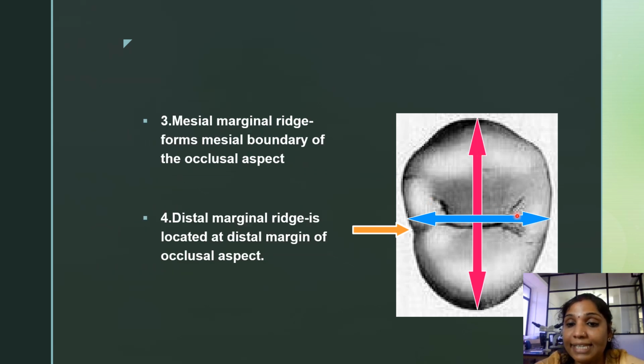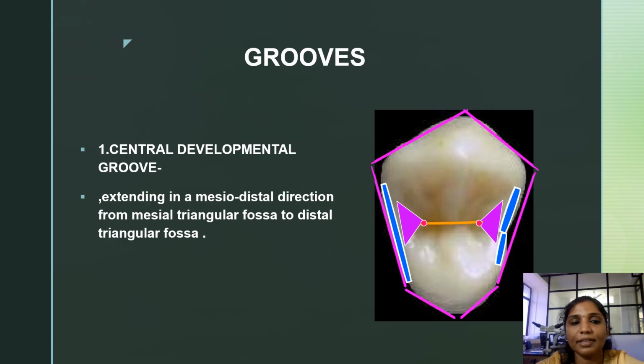Next ridge is the mesial marginal ridge. That is, mesial marginal ridge forms the mesial boundary of the occlusal aspect, whereas the distal marginal ridge is located at the distal margin of the occlusal aspect. Another important feature you can appreciate in the occlusal aspect is the presence of grooves. One is central developmental groove.